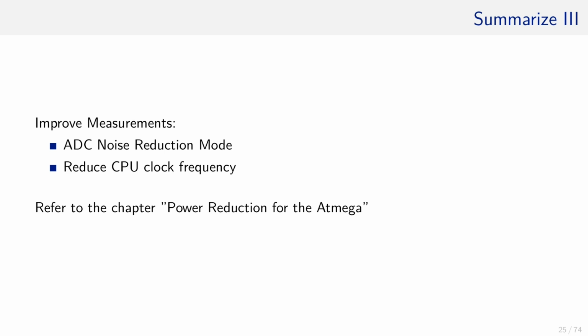We will talk about those low noise modes in the chapter about how to reduce the power consumption of the ATmega later in this course. Or alternatively, you can go there right away and have a peek at those topics.